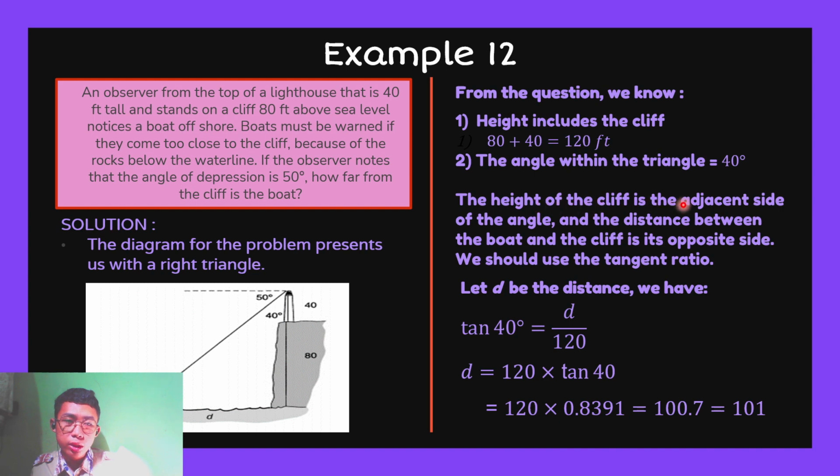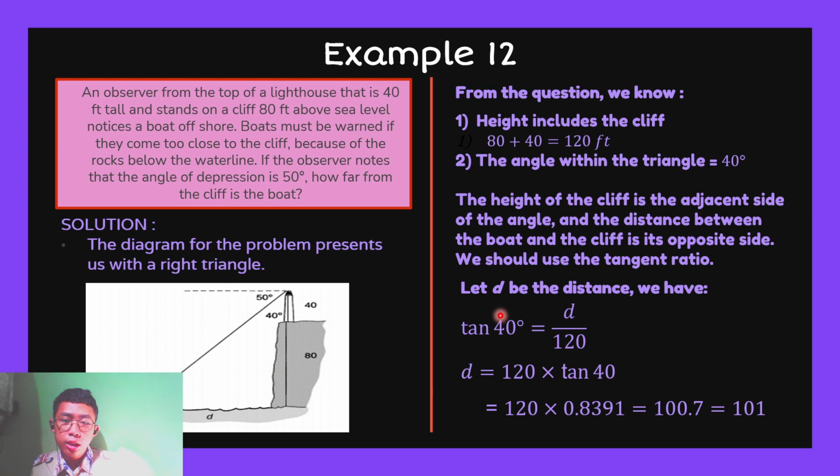The height of the cliff is the adjacent side of the angle, and the distance between the boat and the cliff is the opposite side. Opposite and adjacent, so we should use the tangent ratio. Let D be the distance.